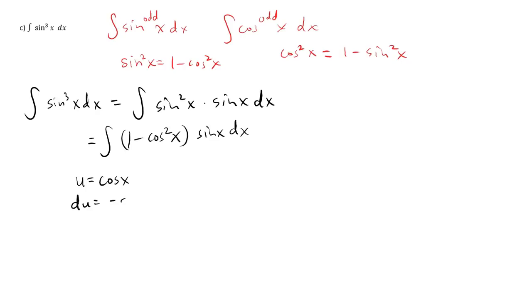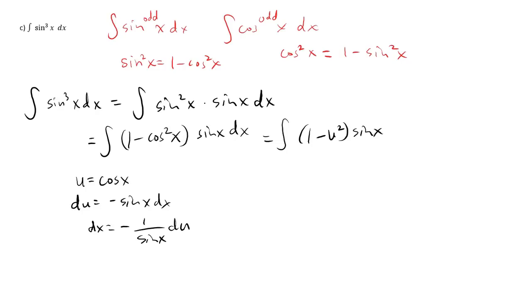du is negative sine of x dx, so dx is negative 1 over sine of x du. Therefore this integral will be 1 minus u squared, sine x dx is 1 over sine of x with a minus there, du.